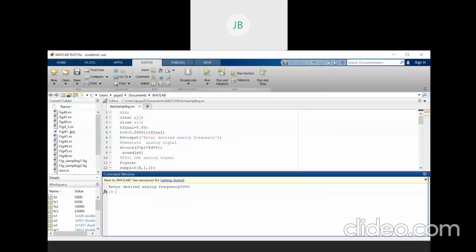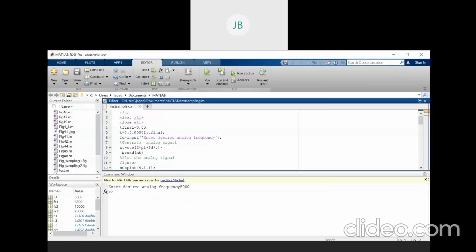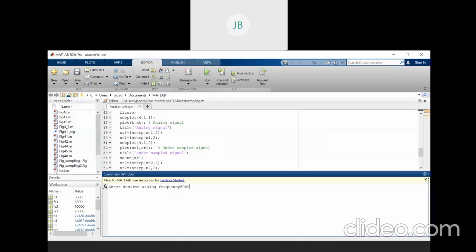And then I will use the same command for the first case, that's the reconstruction using the undersampled version, XR1. So how is it heard? Let me run the same code for the same frequency. The frequency is 5000 and I'm going to run it, and please hear this sound.